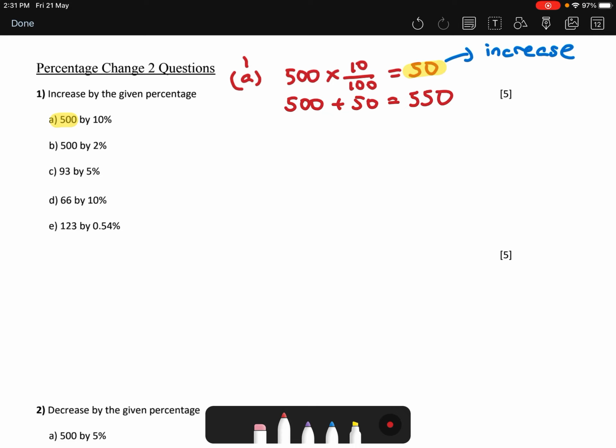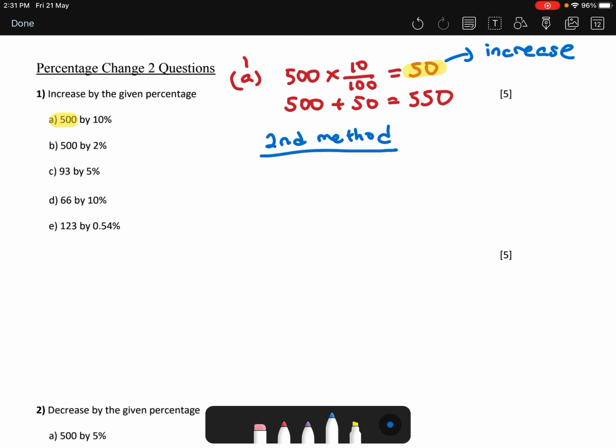The second method is more straightforward. It's something called a shortcut lah. So for the second method, you can simply use, initially is 100%. I increase by 10% means that now I become 110%.